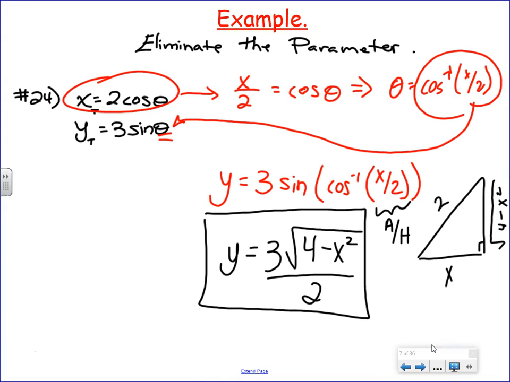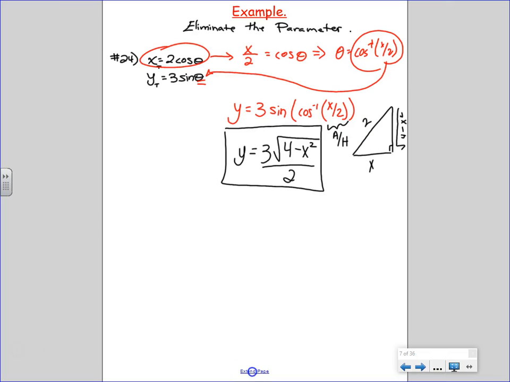But we can use this thing called sine squared plus cosine squared is 1. But I don't see a cosine squared. So we make one. How do we make cosine squared if it's not already? Square it. Oh, but we can't just randomly square one side of an equation. What are we going to do? Square both of them.